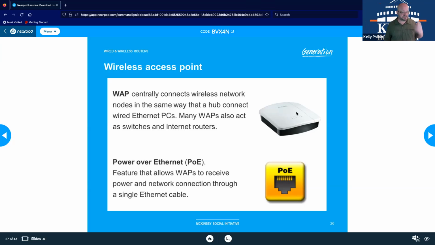Just as we can push data over a cable line, we can also push power over that same line. They've been doing this with phone lines forever. So you use what's called a PoE injector, and you plug it in, and it pushes 110 voltage through your internet line. And that allows you to power these wireless access points that are connected in the ceiling without running a separate power cord for every one. It makes life so much easier.